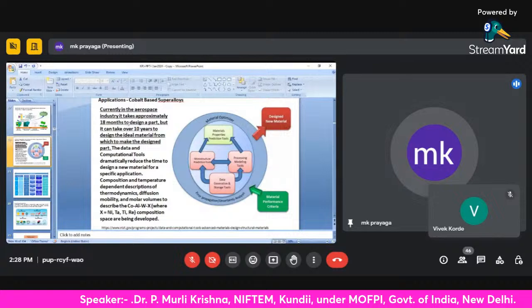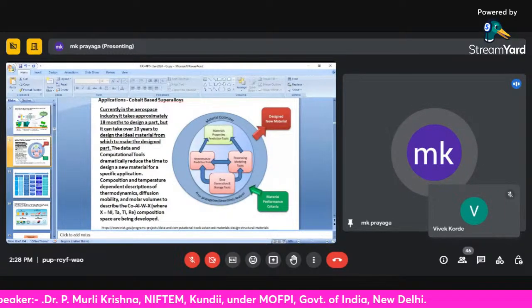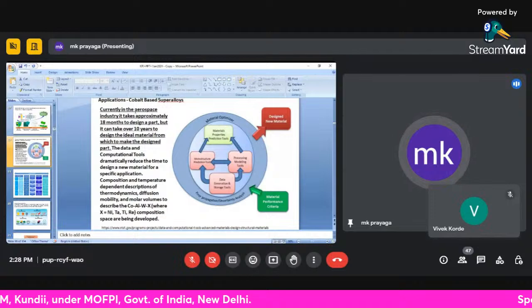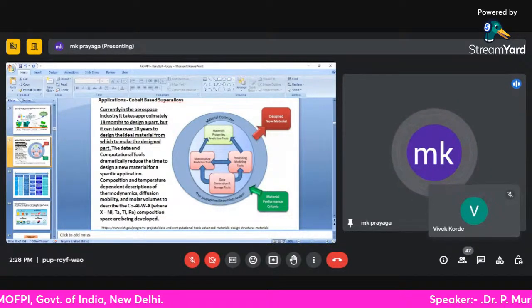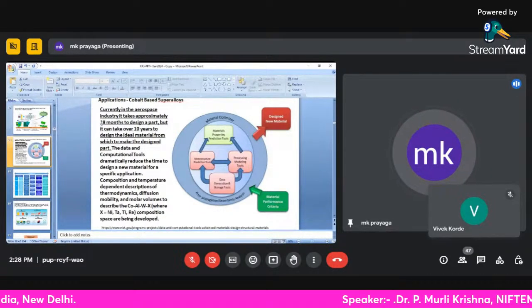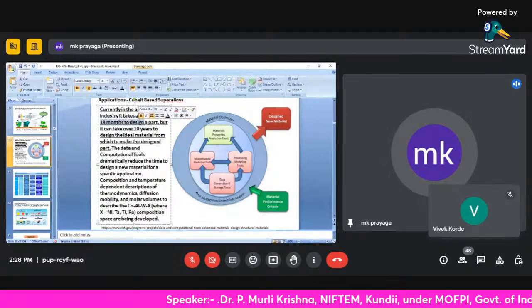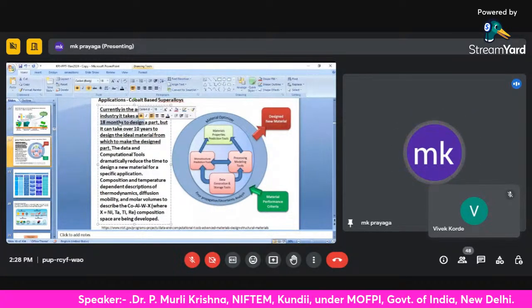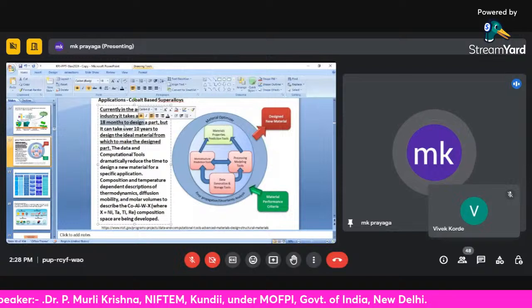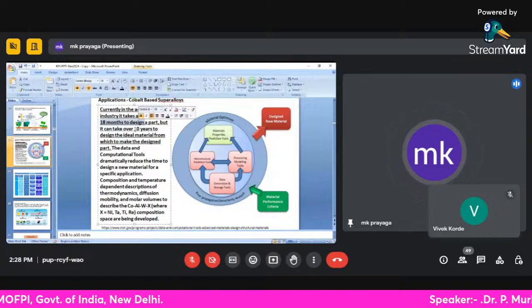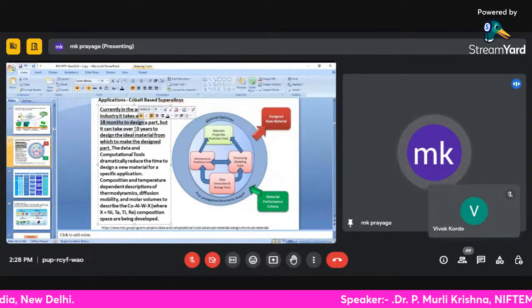This is one of the papers where they have done this kind of simulation method. Generally what people are claiming is for the aerospace industry, to design a device it takes 18 months. Okay, 18 months to design a material and 10 years to design an ideal material. To devise a design of this 18 month material, 10 years of effort is required to get the material properties, which is a very huge timeline.